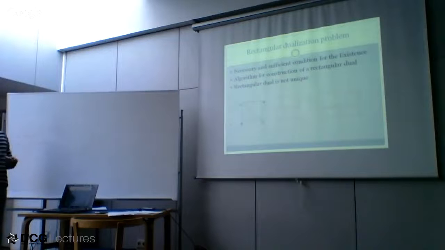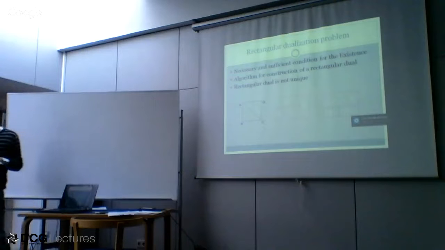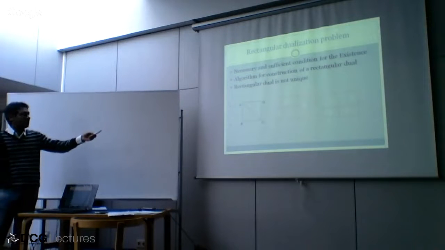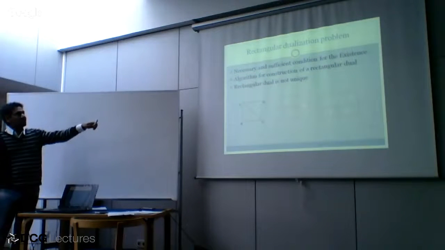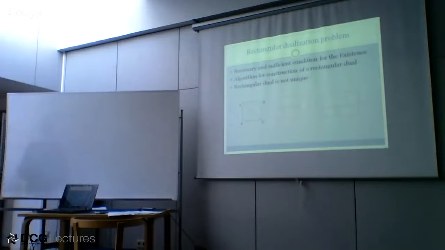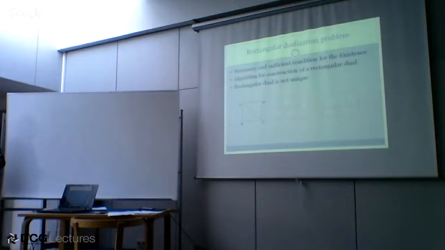But the interesting thing you can note is that the rectangular dual is not unique. So the topological arrangement of the rooms is not unique. If you consider the graph on the left hand side, this is one graph, but you can see that there are two floor plans, both corresponding to this graph, and they both satisfy the adjacency requirements set by the given graph.